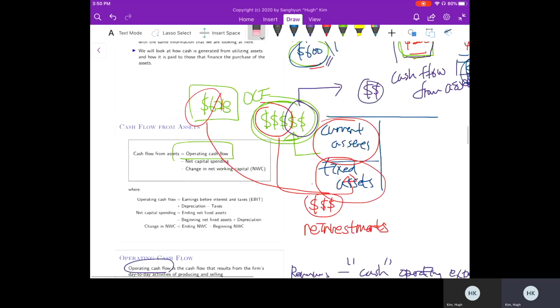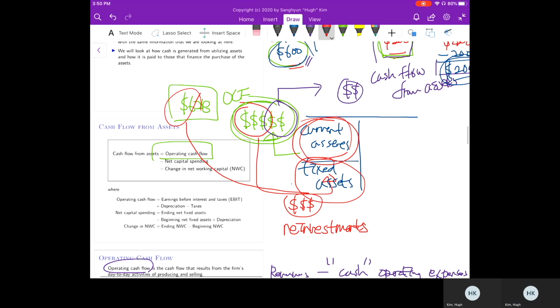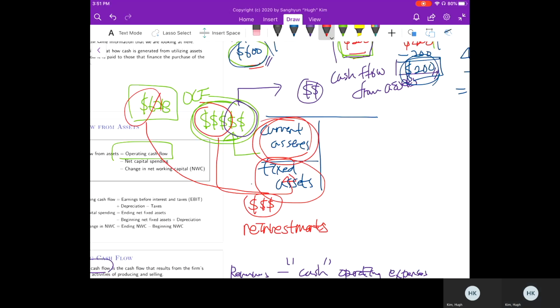So the second type of reinvestment. In addition to investing in fixed assets, the firm must also invest in current assets. But when the firm changes its investment in current assets, its current liabilities will also change.